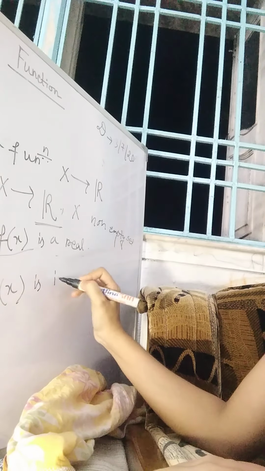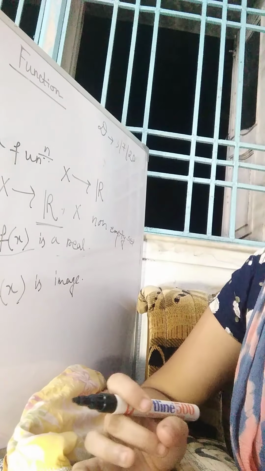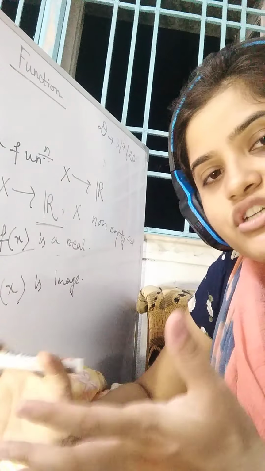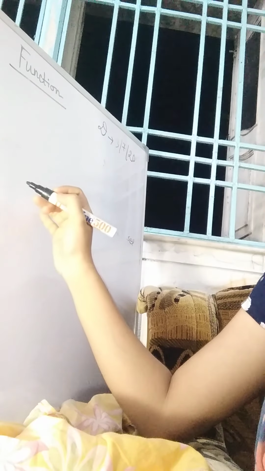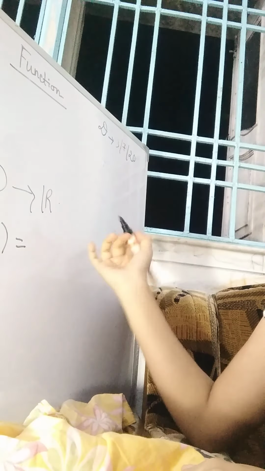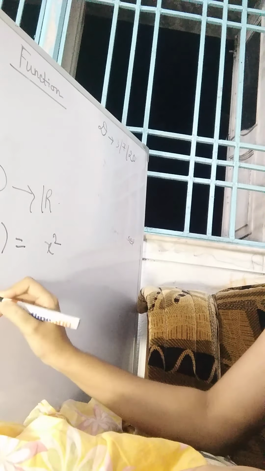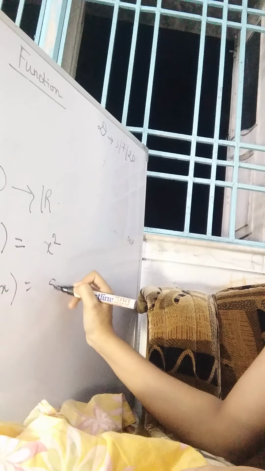f of x is the image. Now we are defining an example. A function f is defined from D, a non-empty set, to R, such that f of x equals x square, or f of x equals sin x.